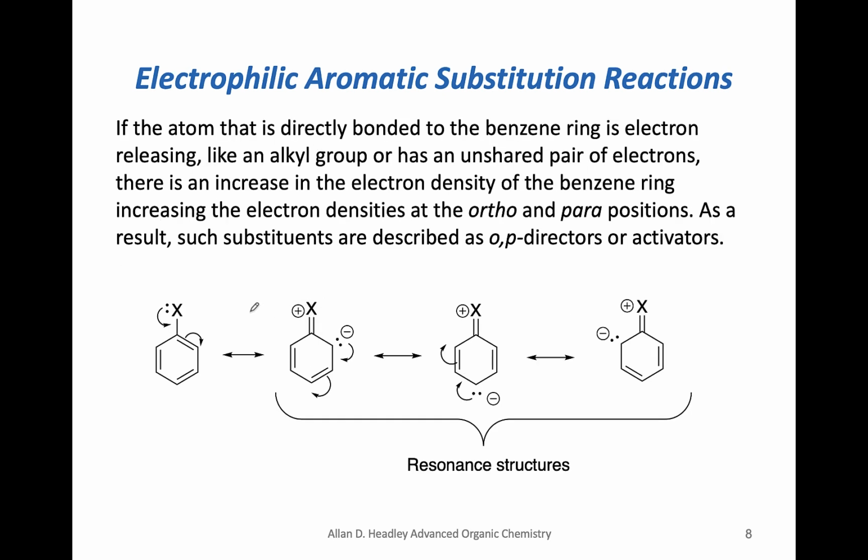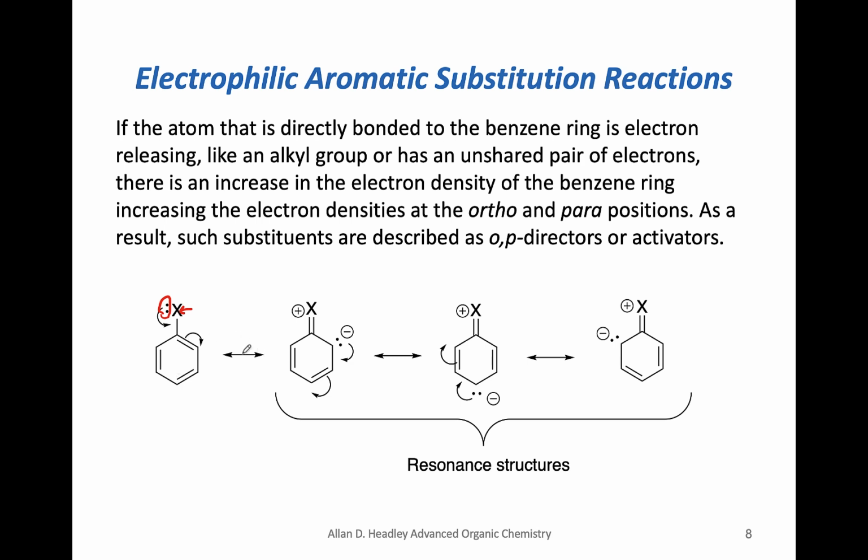If we look at this type of substituent, the methoxy group, for example, it has an unshared pair of electrons on the atom that is adjacent to the benzene ring. That has the ability of pushing electrons into the ring.